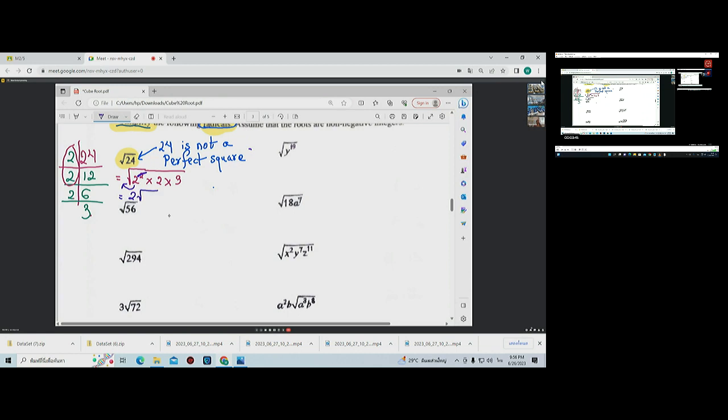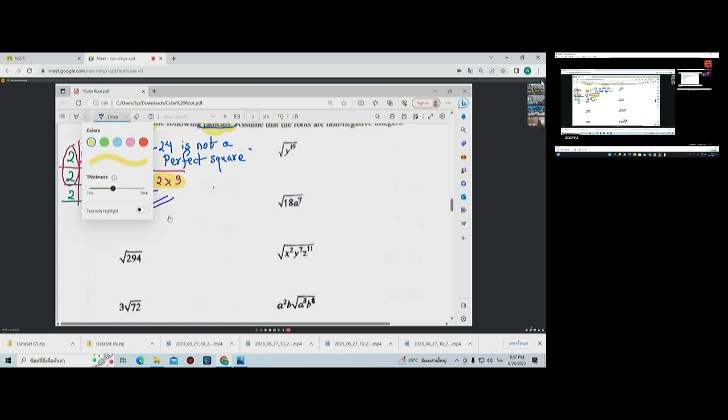But this 2 and 3 cannot take out. Why? Because they have no square. So 2 and 3 multiplied, we get 6. And 2 root 6 is your simplified form of square root of 24. Understand? Do you understand? Yes?